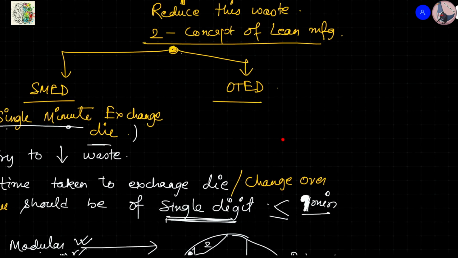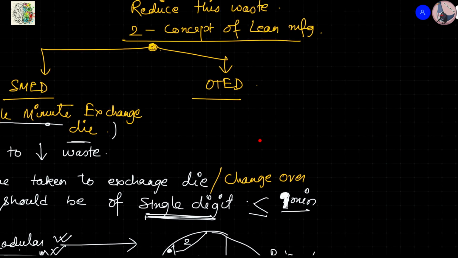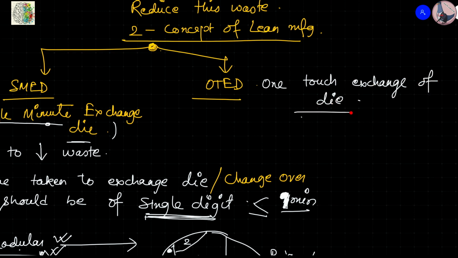Now one point you should take care of: OTED stands for one touch exchange of die. Here the changeover time should be less than 100 minutes.